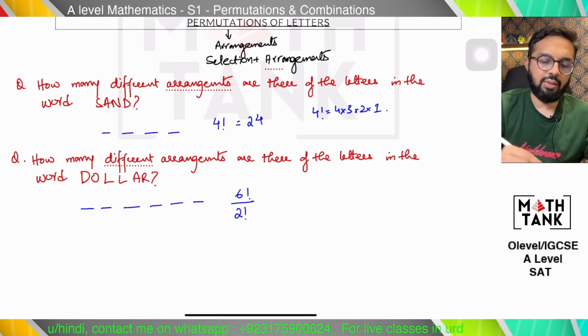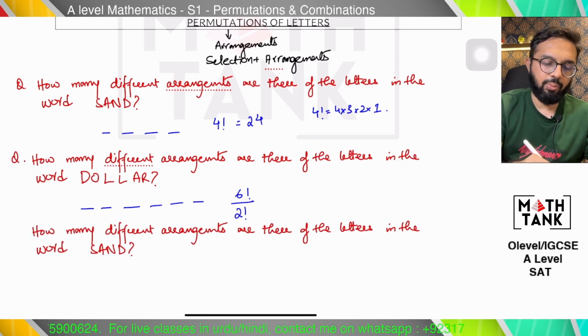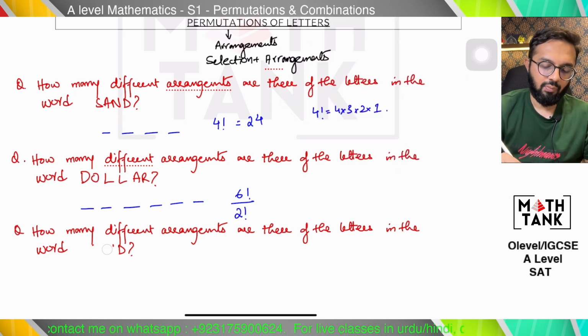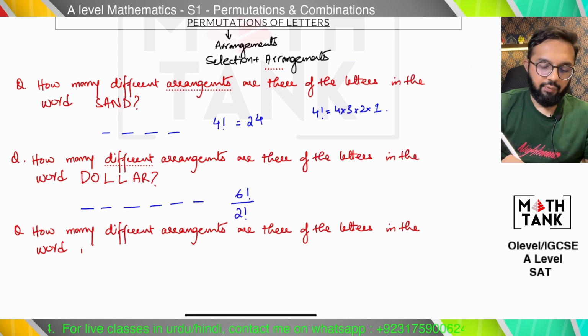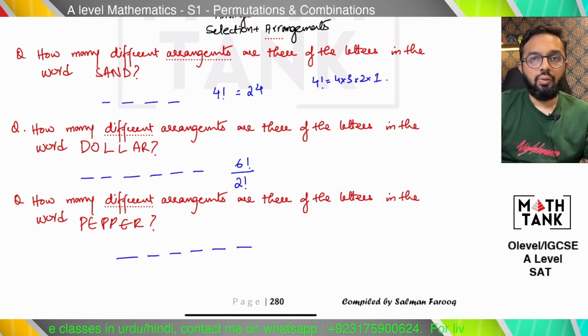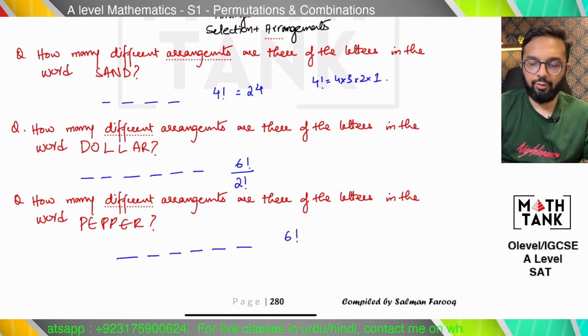I can make this more complicated and ask you for the arrangement of the letters in the word, let's say this time, pepper. First I say there are six dashes, so 6 factorial divided by the repetitions.